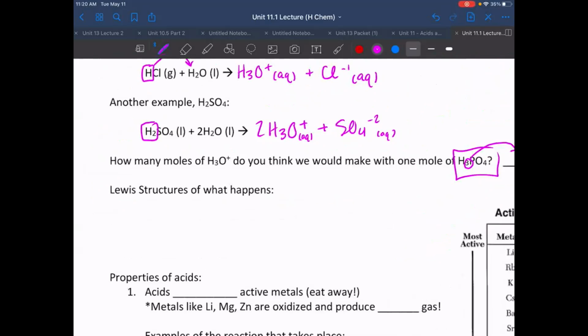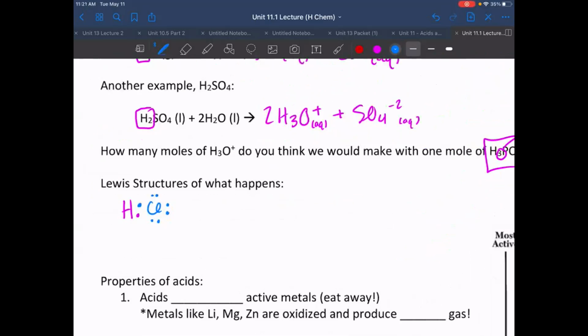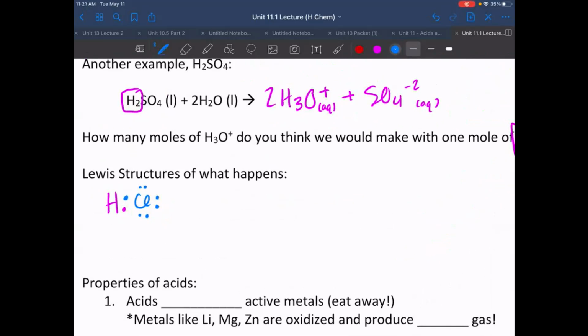So kind of breaking down a little bit of the Lewis structure of what this looks like. It's not the most straightforward, but if you have a hydrogen, and let's just use HCl as our example. So hydrogen has 1 valence electron, chlorine has 7. This is how they would be shown bonded to each other in a Lewis dot structure.